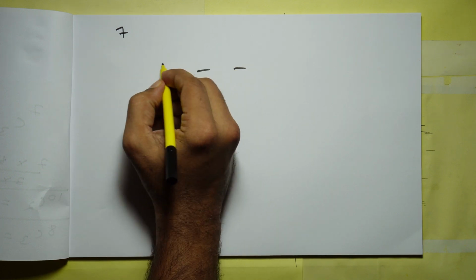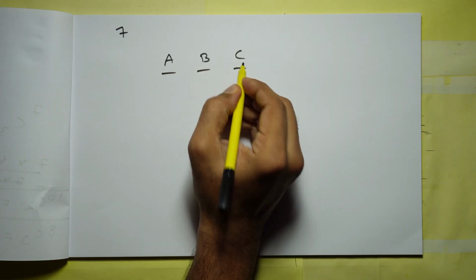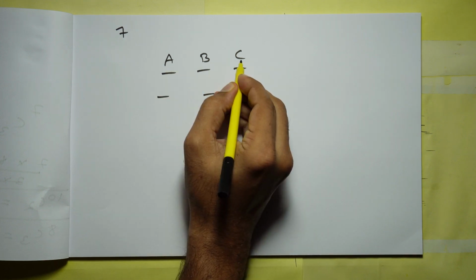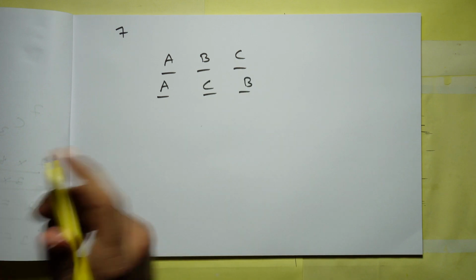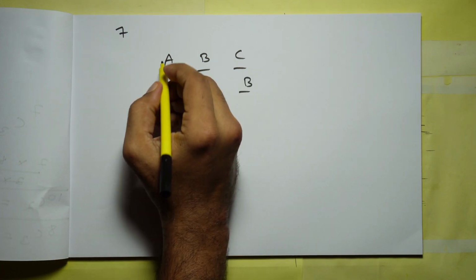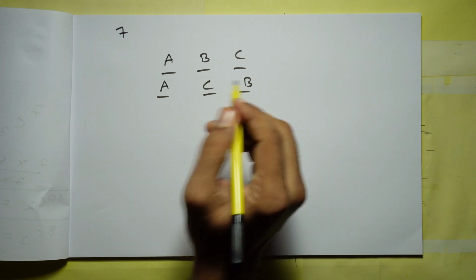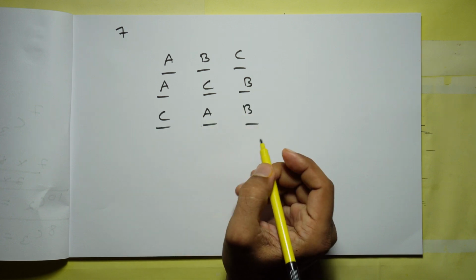Assume that you select 3 people A, B and C. Now assume we'll change the order. Instead of occupying the chairs as A, B and C, we'll seat them as A, C, B. So when they are seated in chairs, you can see that A, B, C is a different seating order from A, C, B. So if you seat them as C, A, B, then it is a different seating order.